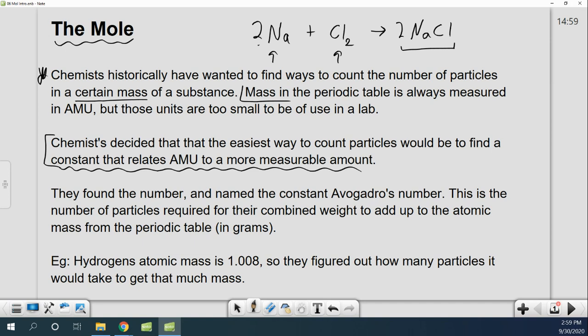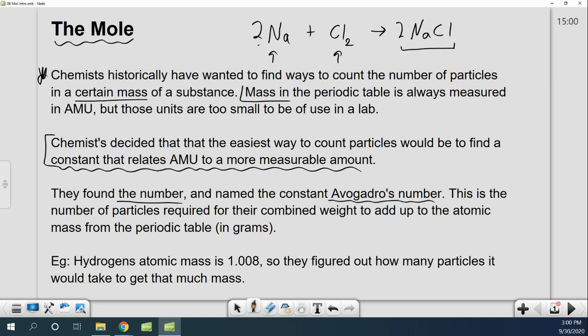Can I convert 9.01 into some kind of number that I could weigh on a scale? Some kind of number of grams, maybe. That would be really handy, right? So they did a ton of work on this, tons of very smart people pounding away. They finally found the number, the constant, some kind of conversion factor between atomic mass units and grams, or number of particles, I guess I should say. They named it Avogadro's number.